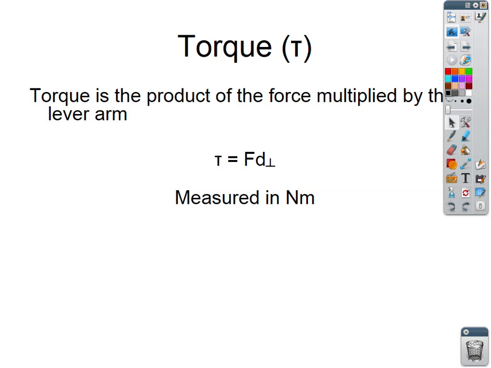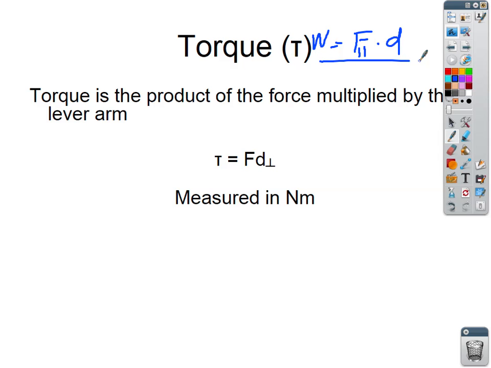Let me take a quick step back here. Some people might get confused by this early on because they're going, wait a minute, we have another formula that's force times distance. We said work back in the energy unit is force times distance, but that would be the parallel force. So these things are not the same. Work and torque are not the same as each other.